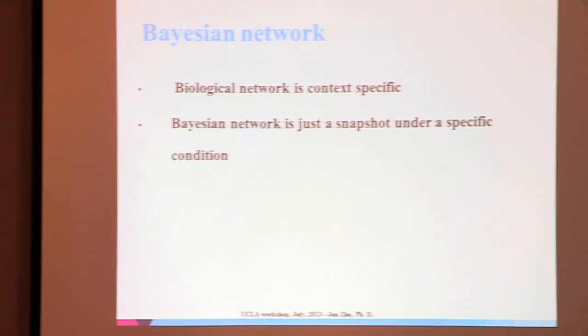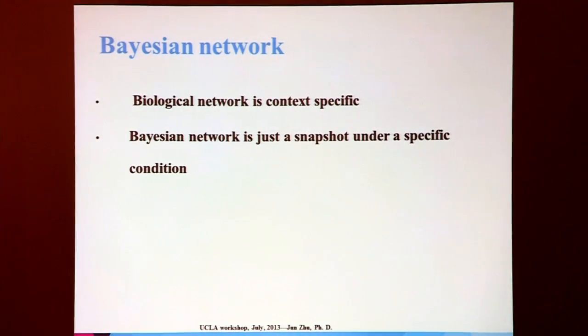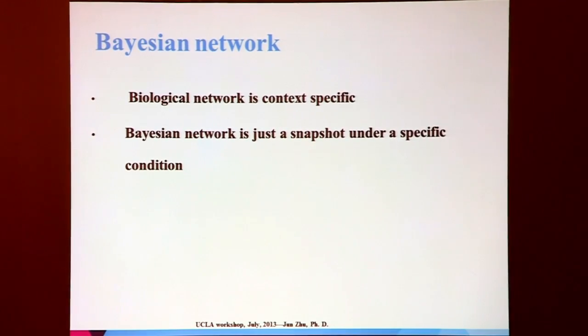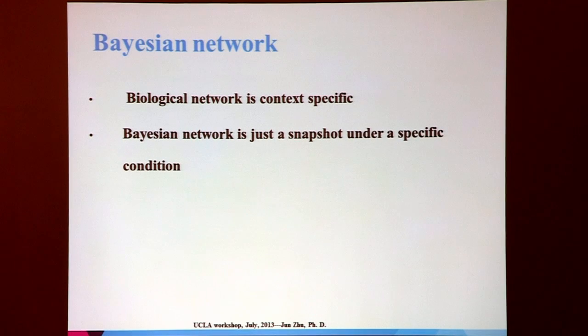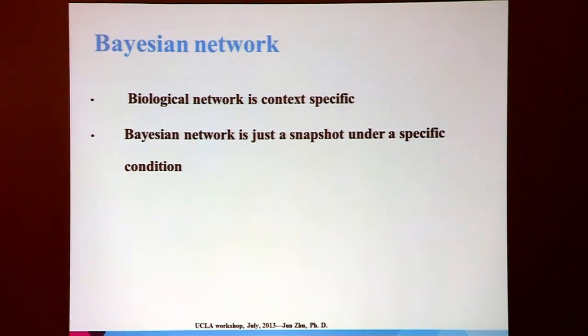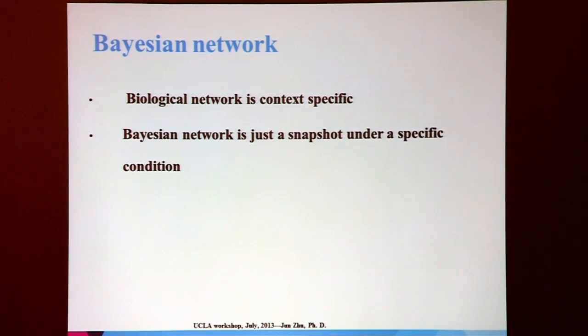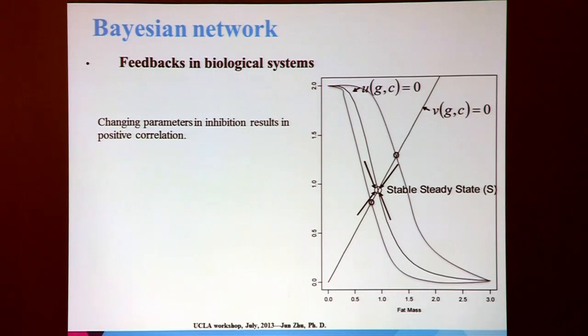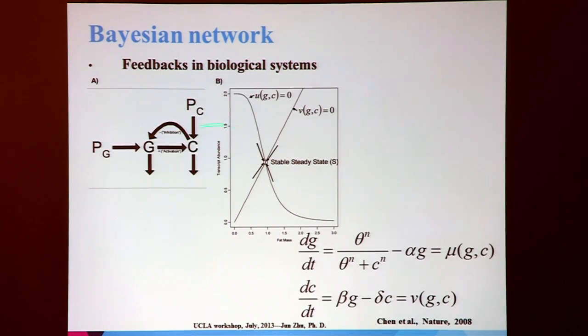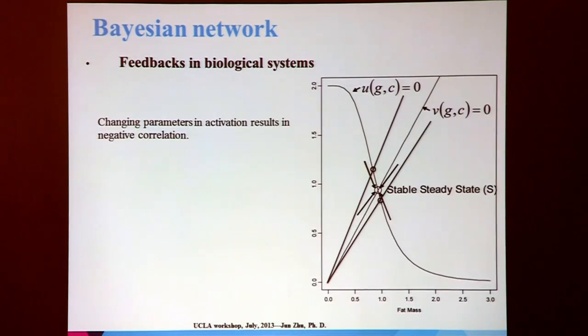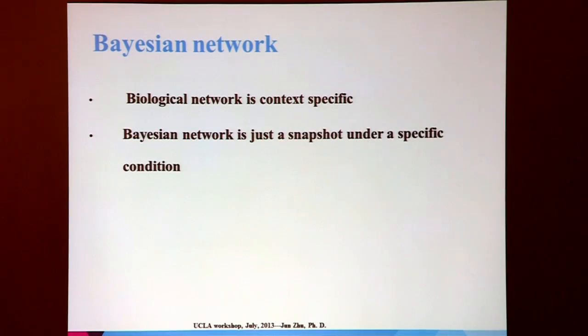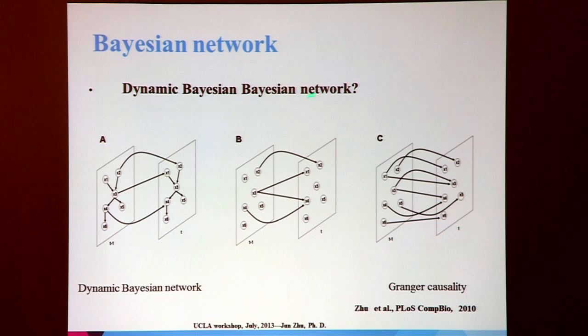So we know that biology essentially cannot be represented by the Bayesian network, and it can only represent very specific contexts. To represent a feedback loop, which is truly biology, and capture it in some part, you need to go to the dynamic Bayesian network.